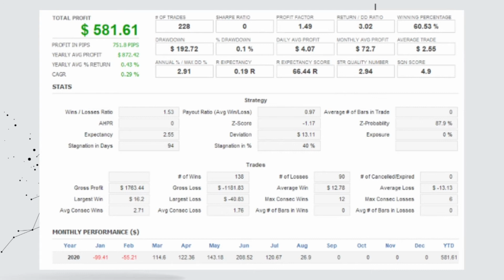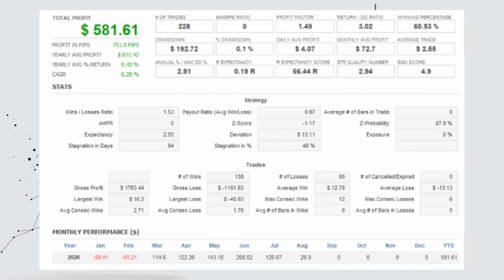It's made 751, or almost 752 pips in the 8 months trading. And if you look at all the details, lots of details there. The ones which stand out to me: maximum drawdown, which is 2.9%, which is a very, very low percentage drawdown. And you can see the 1.49 profit factor there.